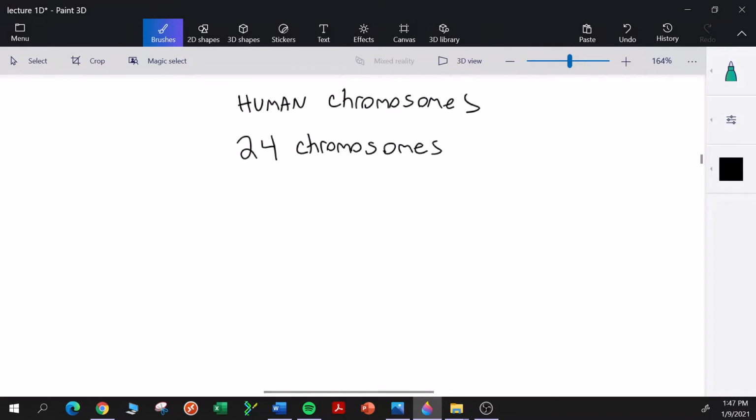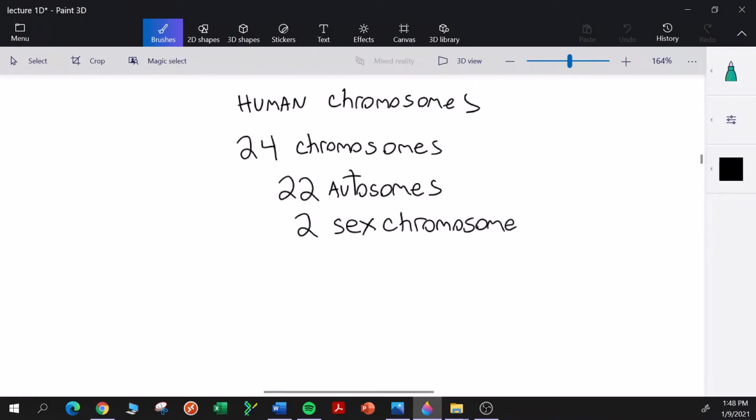So I'm going to say there are 24 different chromosomes, maybe I should say different types of chromosomes. So 22 autosomes and 2 sex-determining chromosomes, sometimes just called sex chromosomes.